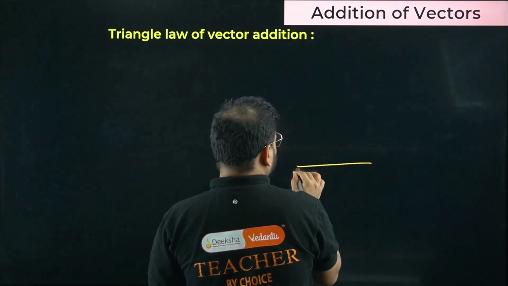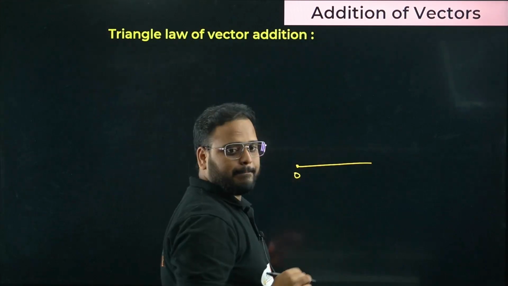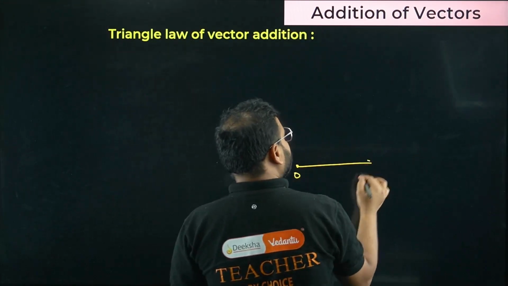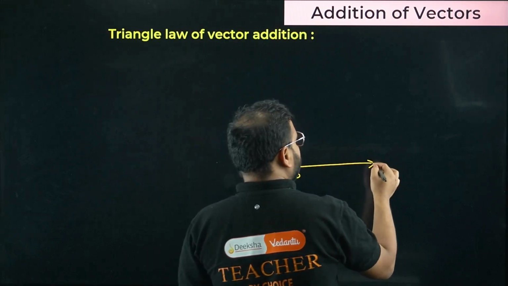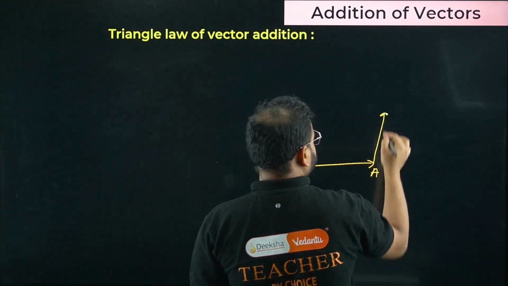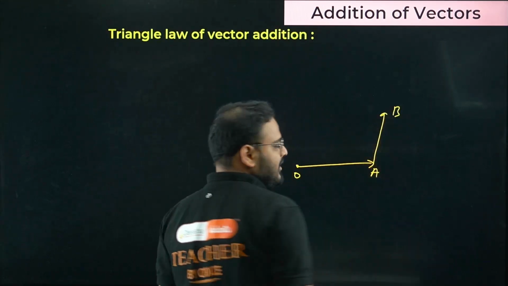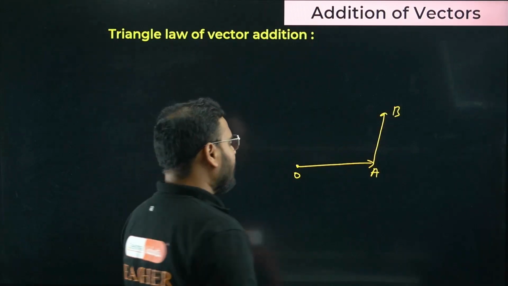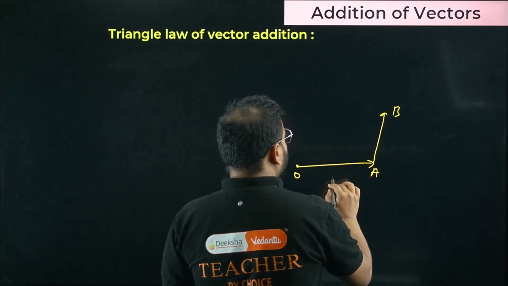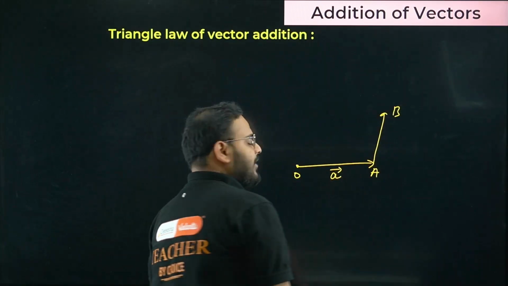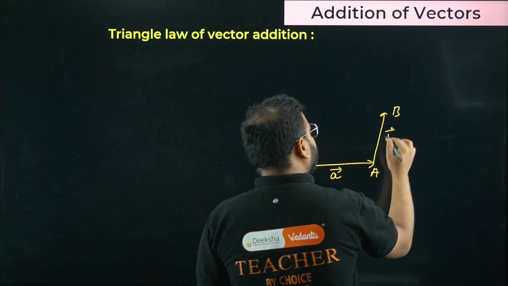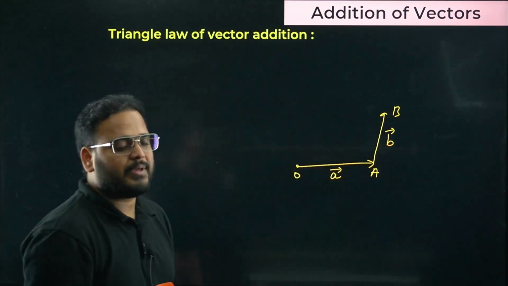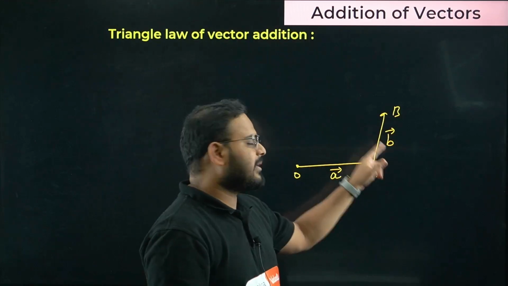Let's call this point O. From here we draw a vector to point A. Now from here we draw another vector to point B. Let's call vector OA vector A, and vector AB vector B.